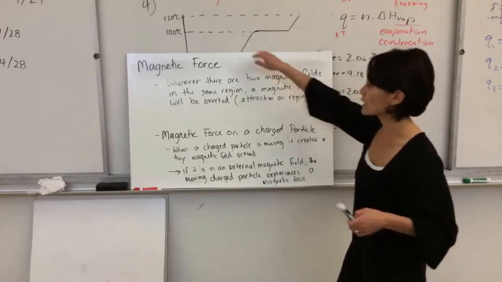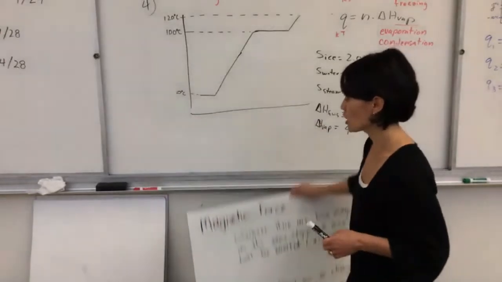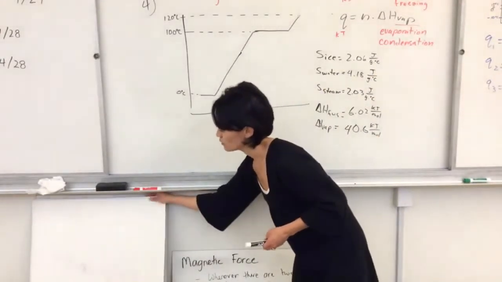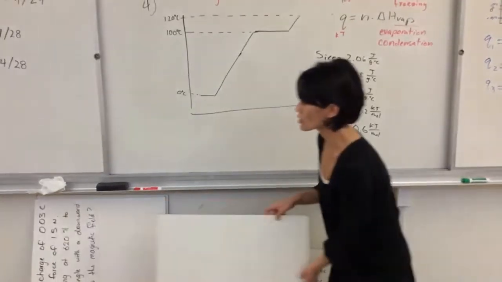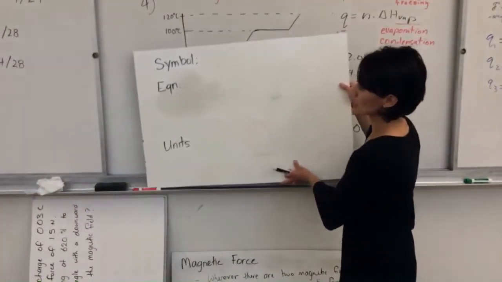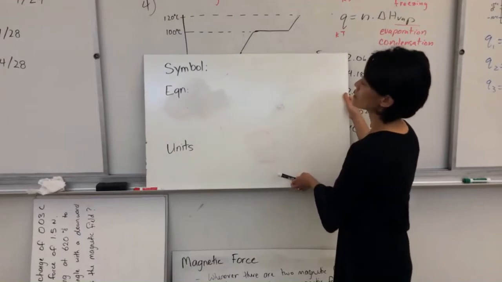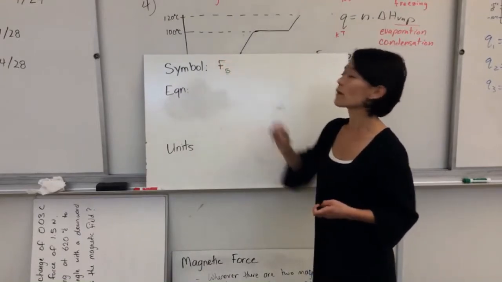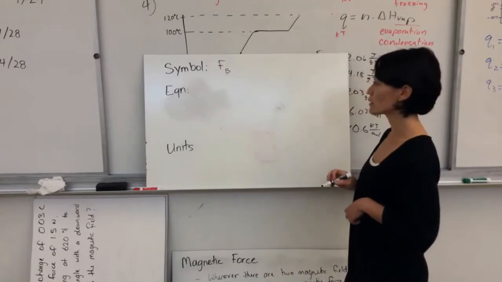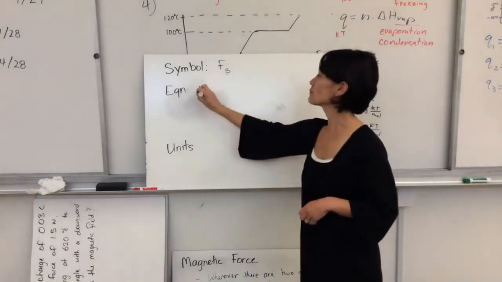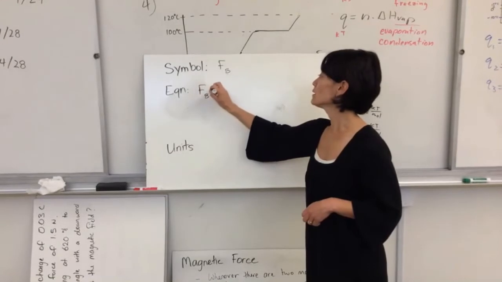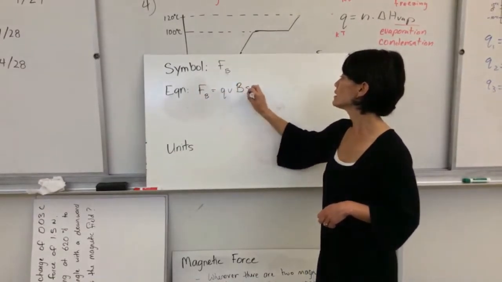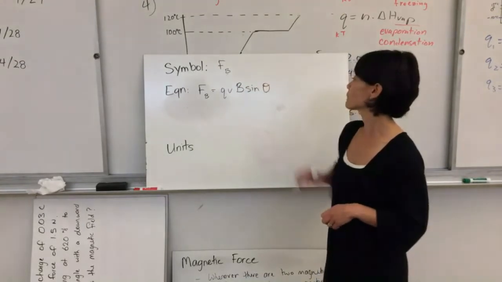So let's look at what the actual equation for magnetic force is. If you recall, our symbol for magnetic field was the letter B, and our magnetic force is going to be FB. The equation is FB equals QVB sine of theta.